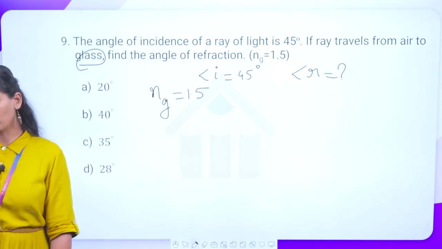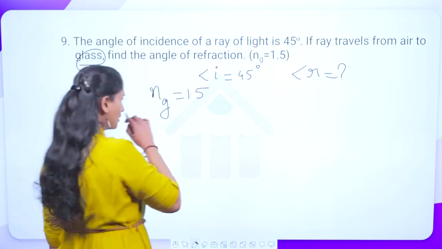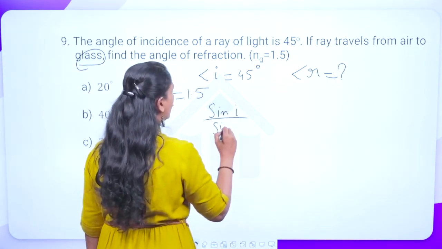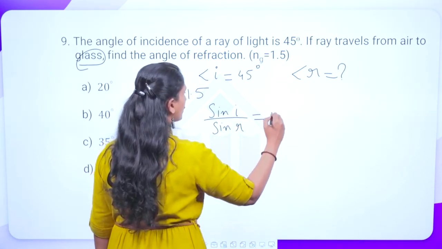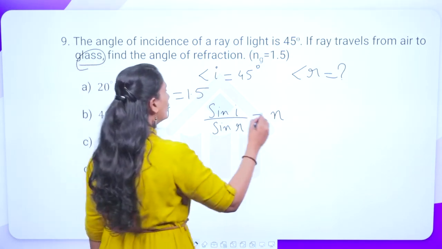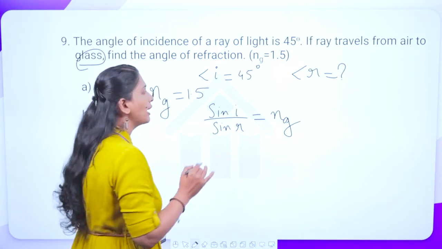So how can I proceed? Do you have any relation connecting angle of incidence, angle of refraction and refractive index? Don't we have Snell's law, which says sine of the angle of incidence to sine of the angle of refraction is equal to a constant, which is n, the refractive index. So you have it for glass here and you want to find the R value.